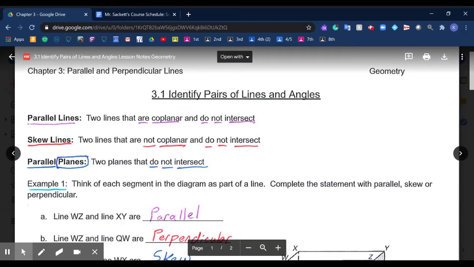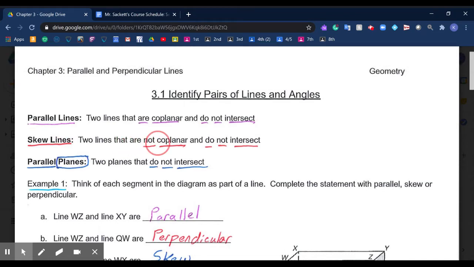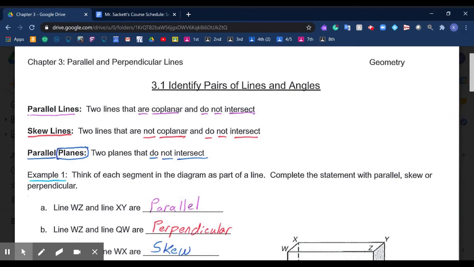Skew lines are two lines that are not coplanar and do not intersect. So skew lines are not on the same plane and do not intersect. And then we have parallel planes, which are two planes that do not intersect.